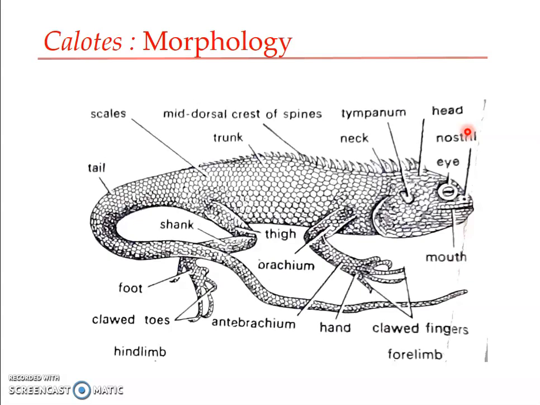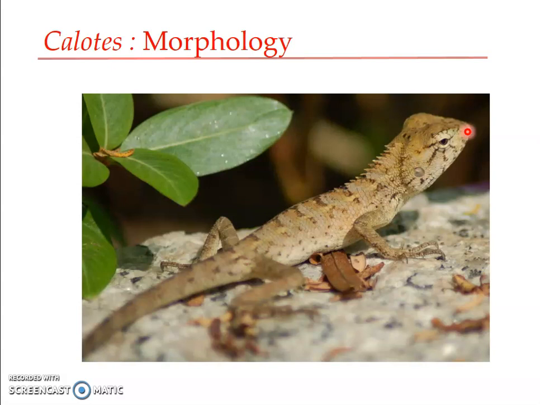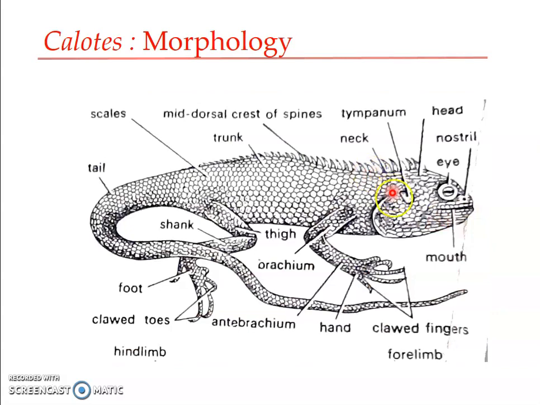And at the sides of the head are the eyes, which are each provided with upper and lower opaque movable eyelids and with a transparent nictitating membrane, which, when withdrawn, lies in the anterior angle of the orbit. Behind the eye is a circular patch of skin. Here you can see this is the tympanic membrane. Okay, so it is very clearly visible and somewhat sunk below the general level of the skin.